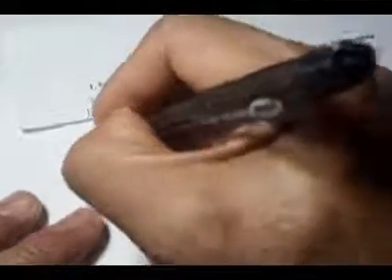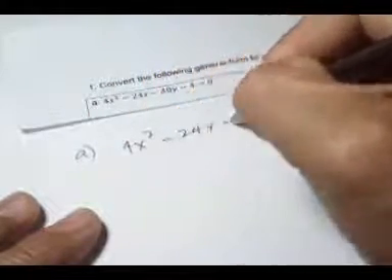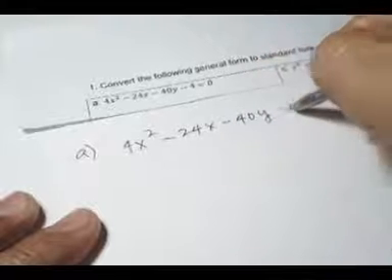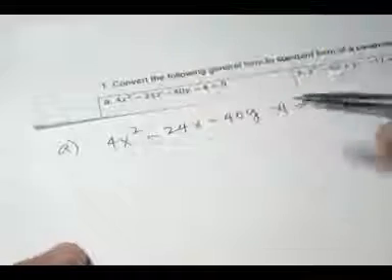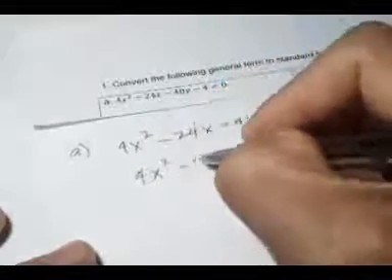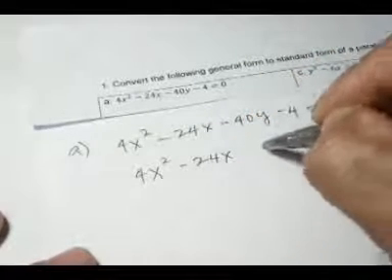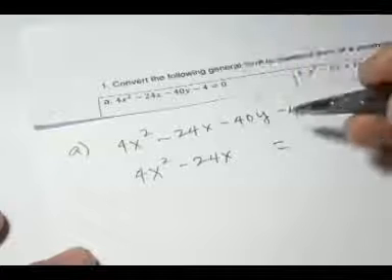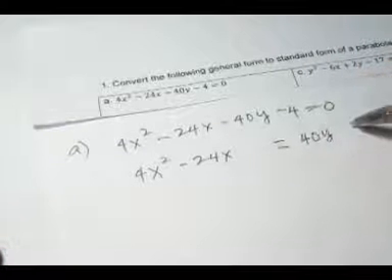So our equation, letter A, 4x squared minus 24x minus 40y minus 4 equals 0. Take note that the squared term is x so it is at the left side. And all other terms to the right side, negative 40y becomes positive 40y, and this is plus 4.